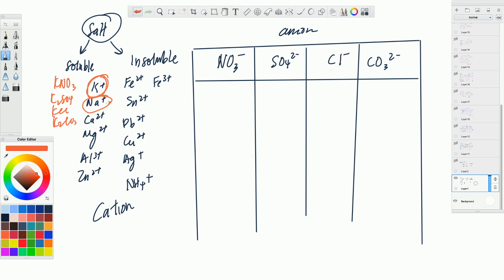Sodium nitrate, sodium sulfate, sodium chloride, sodium carbonate. Then calcium also same thing. Calcium nitrate, calcium sulfate, calcium chloride, calcium carbonate, and so on. All the way to ammonium nitrate, ammonium sulfate, ammonium chloride. Okay, so all the cations can combine with any of the anions to form salts. Okay, so that's the first thing.